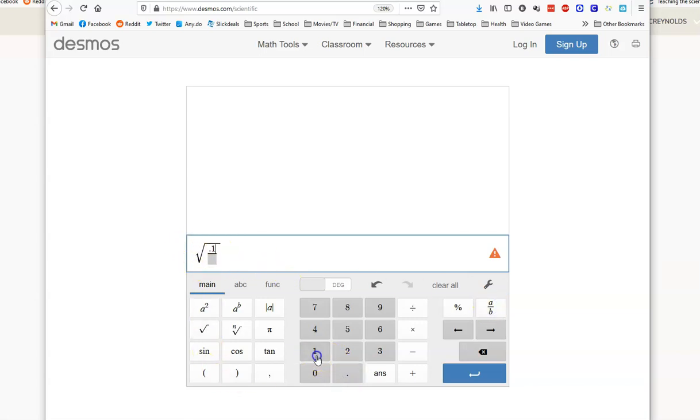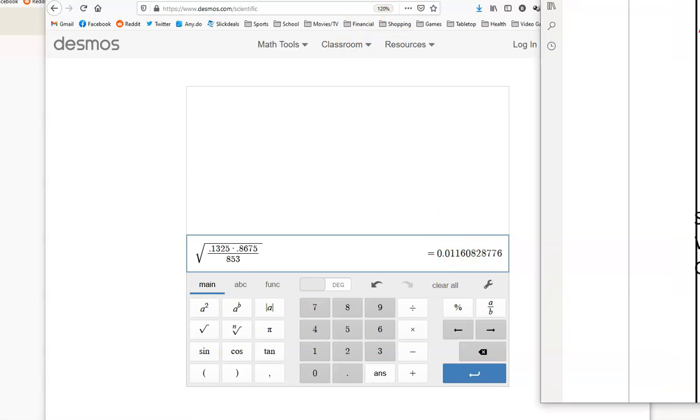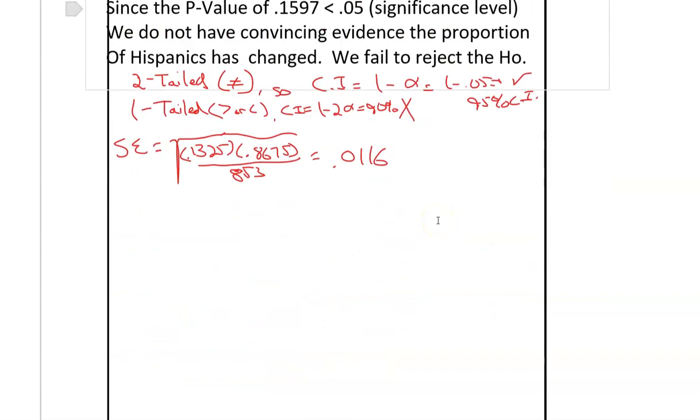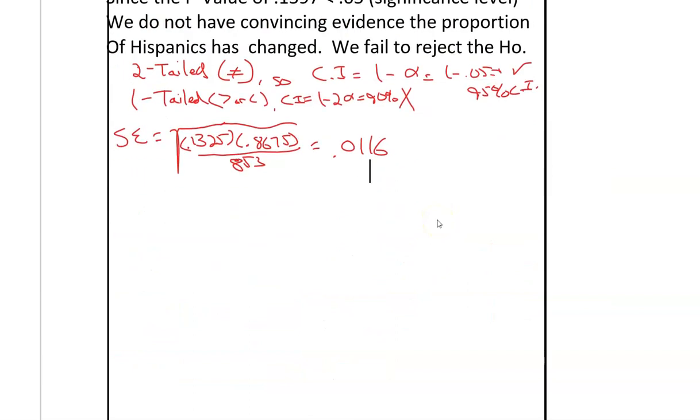And then I do 0.1325 times 0.8675 over 853. And I get 0.0116. I'm going to take this to 4 digits. 0.0116. All right.